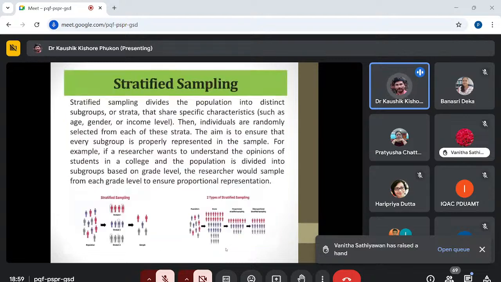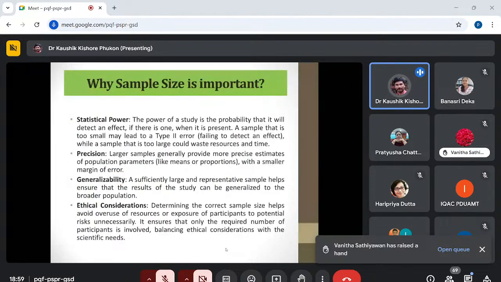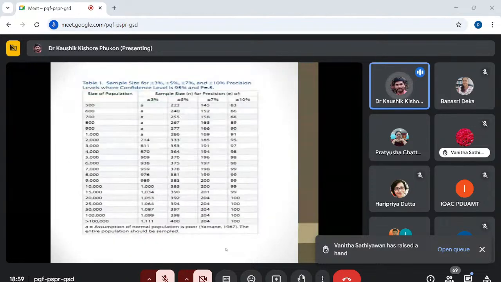You can see this table. You see, 3%. Just 3% means a 97% confidence level. Sorry, 3% precision level, and confidence level is 97%. So here you see, if the population size is 500, you must enumerate all the objects.